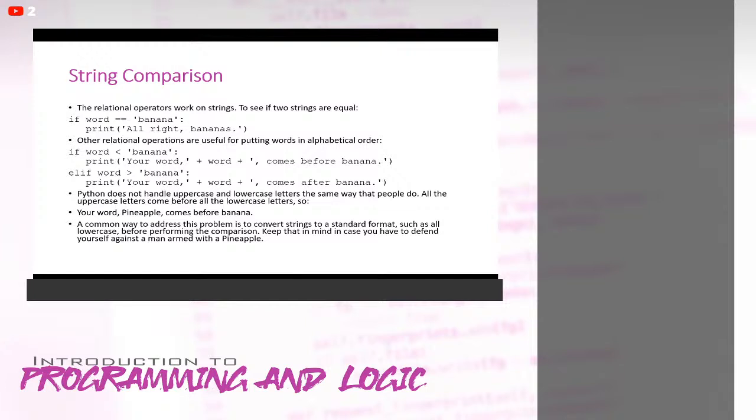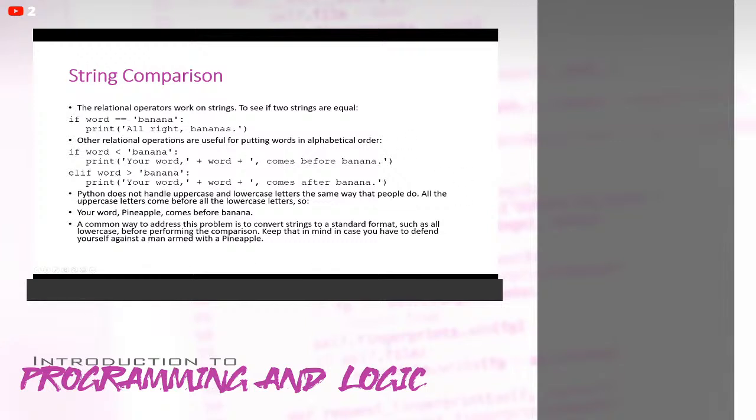Which might be interesting to do with our Fredgy program, right? Take the word that comes first in alphabetical order and put that first, whether it's the fruit or the veggie. We can use the double equals, that relational equals, to see if the words are the same. Or we can use less than to see if a word comes before another one in alphabetical order, or greater than to see if it comes after.